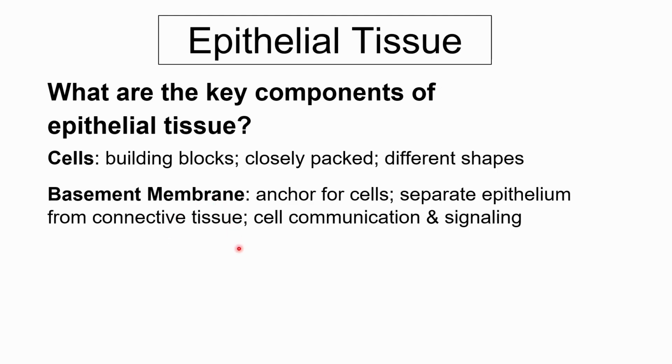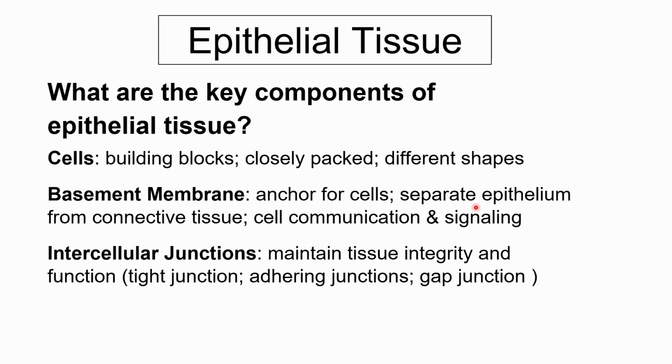This basement membrane is also very thin, which allows for cell communication as well as signaling. So it's very thin, it facilitates the fast flow of cellular communication and signaling. What else? Since the cells of your epithelial tissue are very closely packed, it would have intercellular junctions.